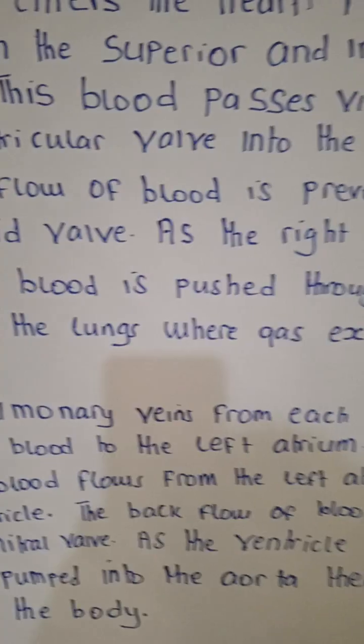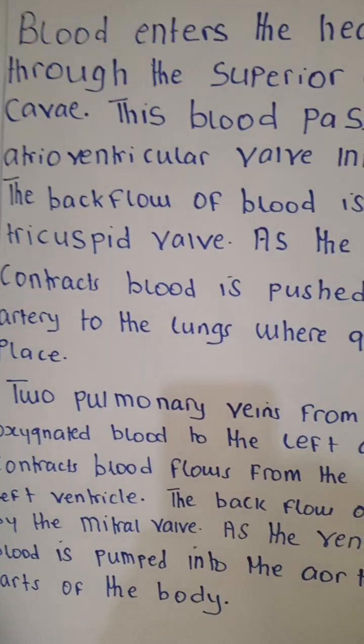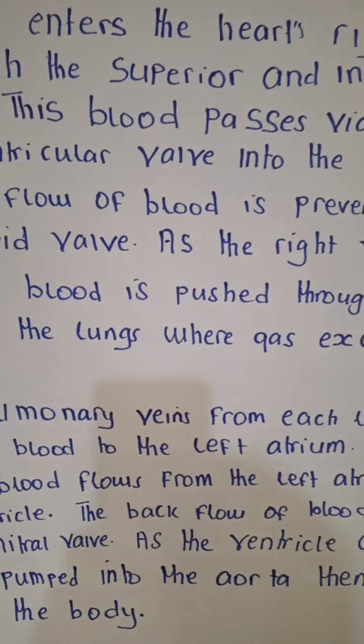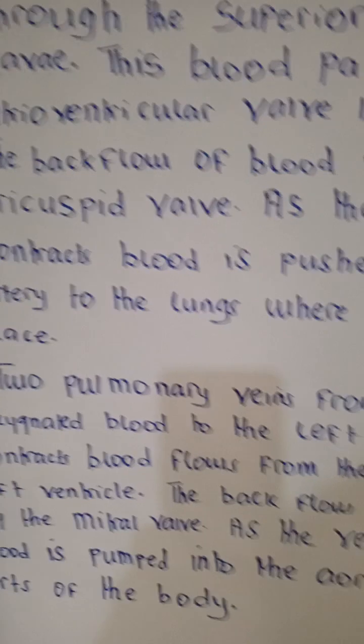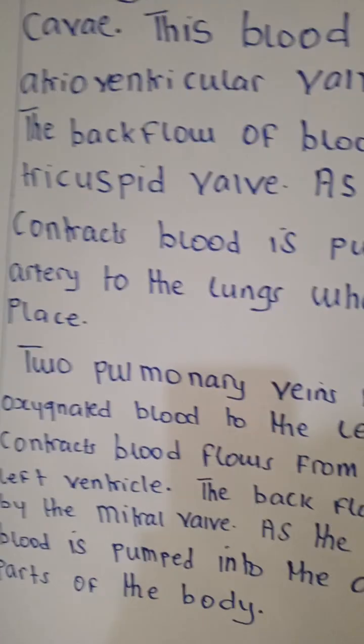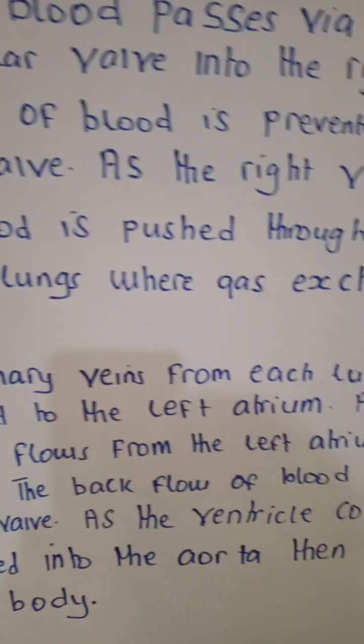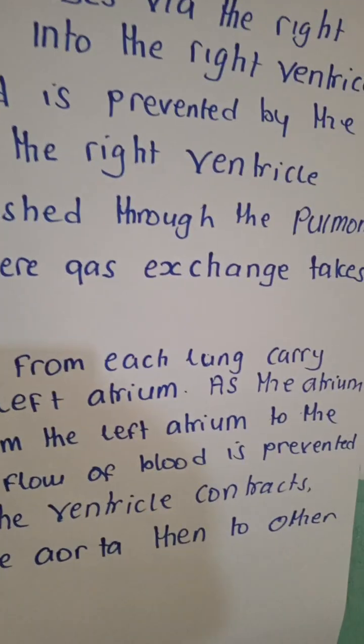As the right ventricle contracts, the blood is pushed through the pulmonary artery to the lungs where gas exchange takes place. Okay, so from the lungs, two pulmonary veins from each lung carry oxygenated blood to the left atrium.